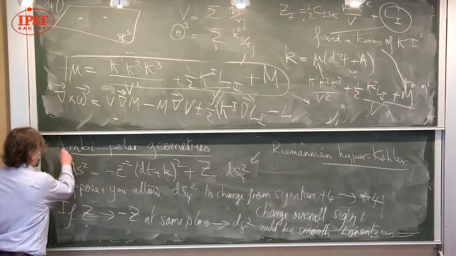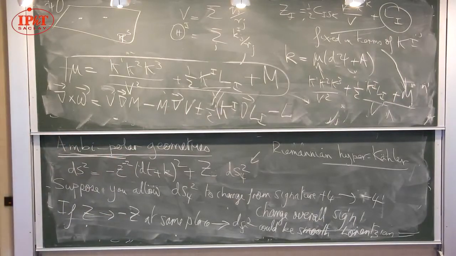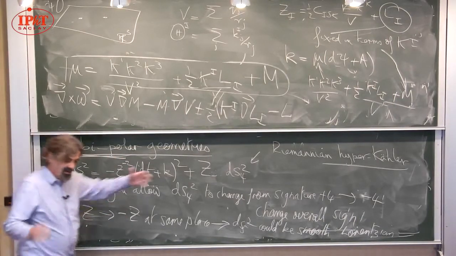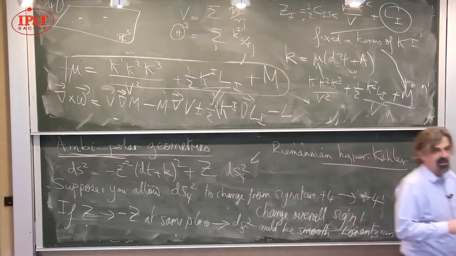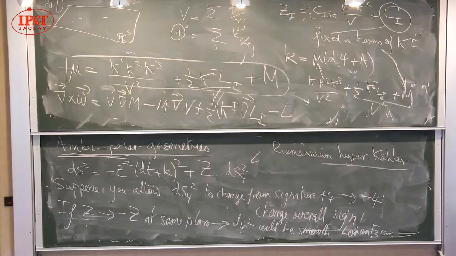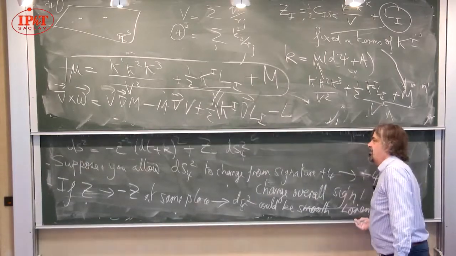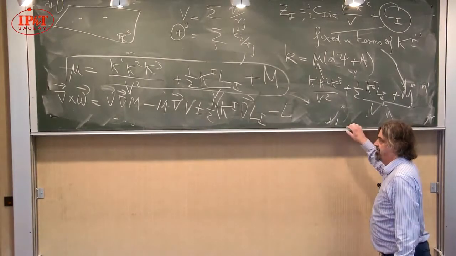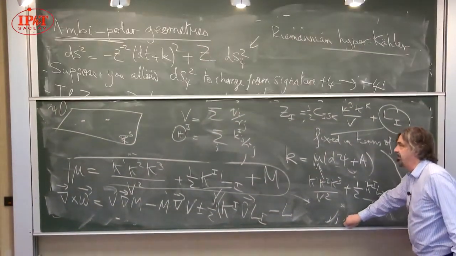This is called ambipolar. It means the metric can be positive definite in one region and negative definite in another region, with a zone between, which we'll talk about next time, where Z momentarily vanishes, sorry, V momentarily vanishes.